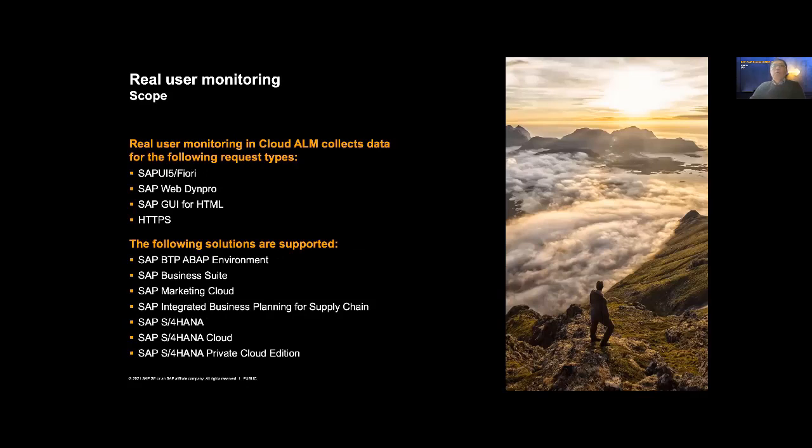So about the scope, we collect the data for the following request types: SAP UI5, Fiori, SAP Web Dynpro, SAP GUI for HTML, and HTTPS. We are not perfect so far, so it's not connected to all the SAP solutions.